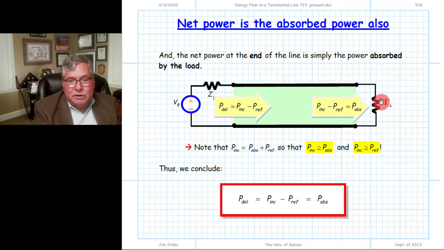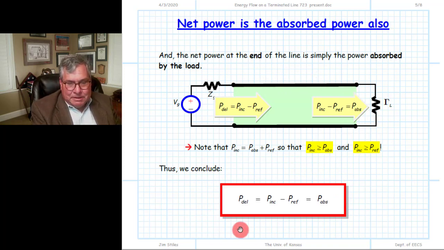And so we can come to the conclusion that the absorbed power is equal to the net power flow, the difference between the incident and reflected power. And because the delivered power is equal to the net power and the absorbed power is equal to the net power, then in fact the delivered power must be equal to the absorbed power. And all of that is basically reflected in this equation here.